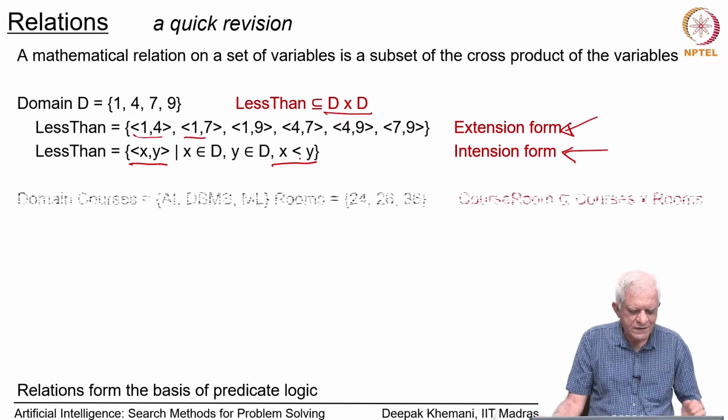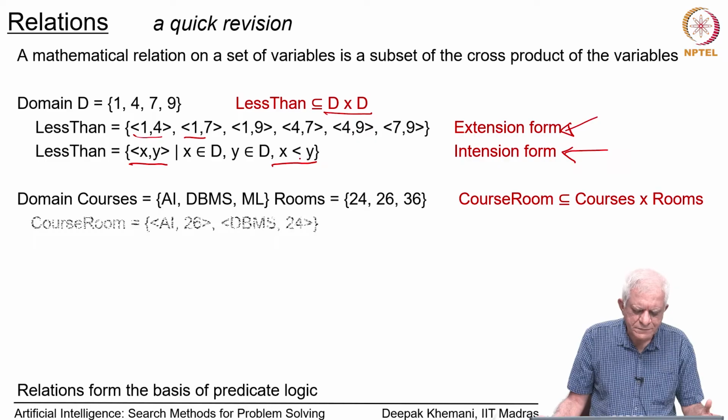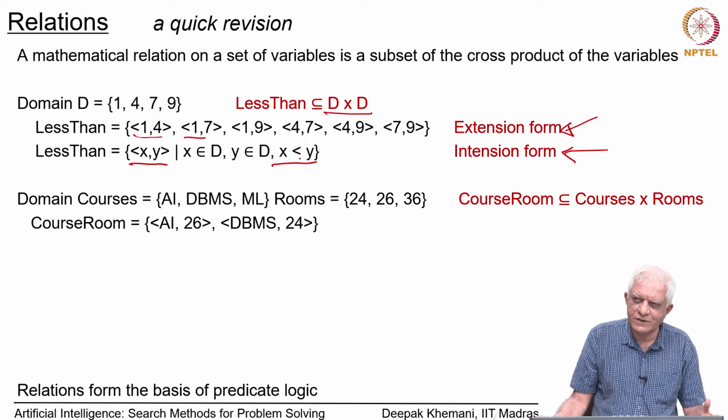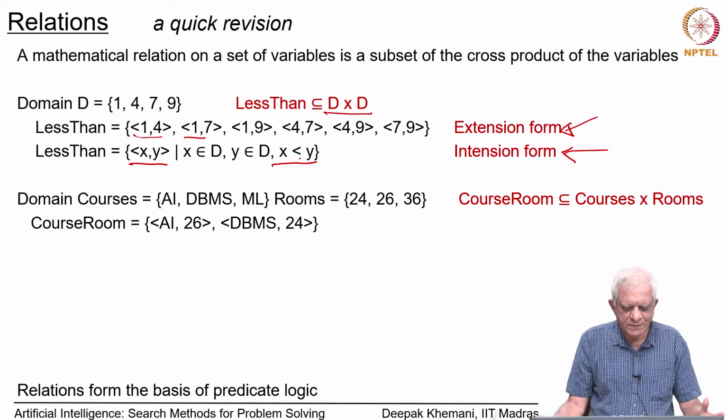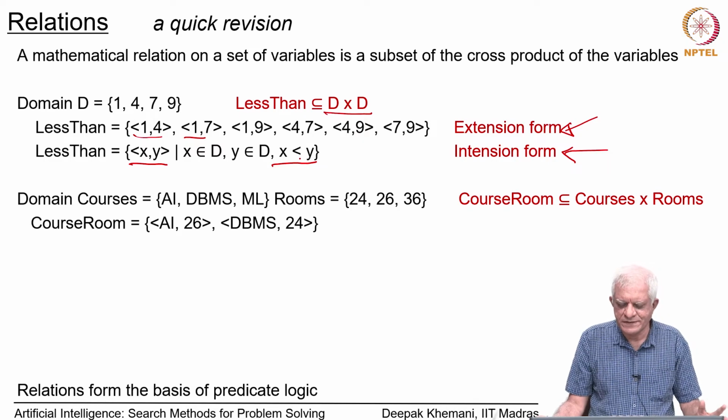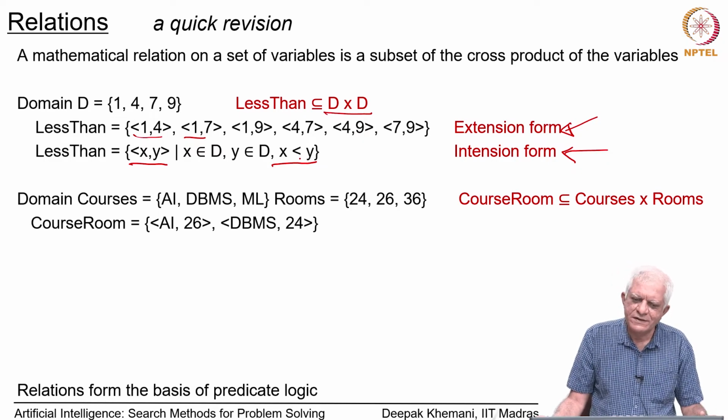So, this is a relation on a set of numbers, in particular 4 numbers, and the less than relation. Here is a relation between courses and rooms essentially. So, we have the domain of courses, in which we have listed 3 courses here, AI, DBMS and ML. And we have 3 rooms in this example, it does not have to be 3, as long as we are talking about a subset.